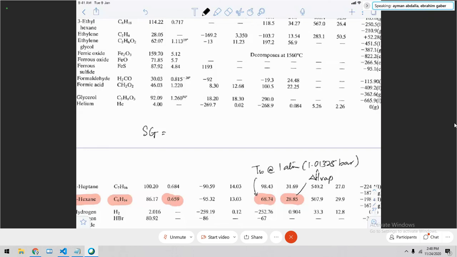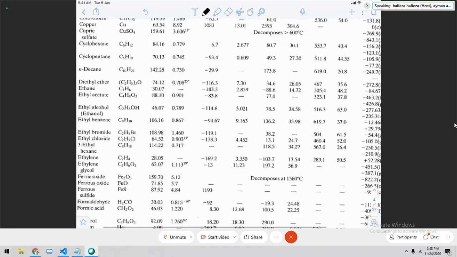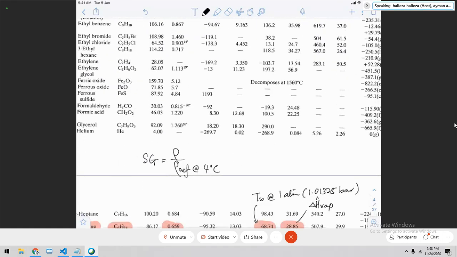Can you repeat that again? SG equals the density of the substance relative to the density of water at 4 degrees C. Okay, that's what it says here, it's 4. So the density of water at 4 degrees C is what? 1 gram per cubic centimeter.